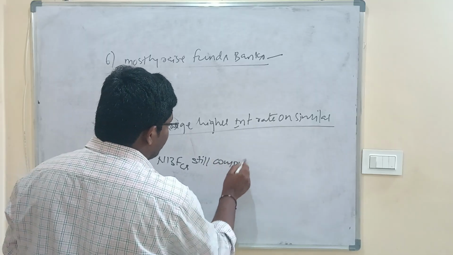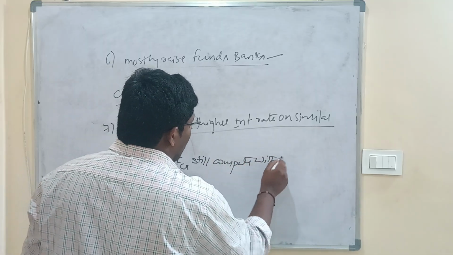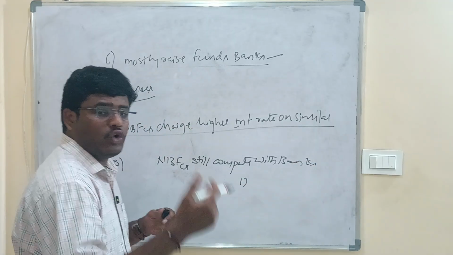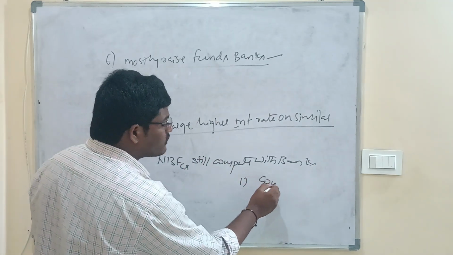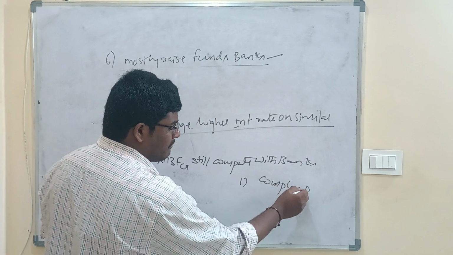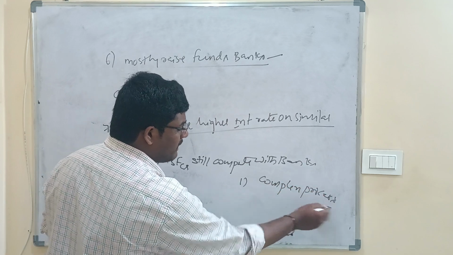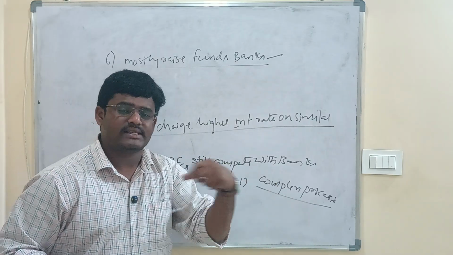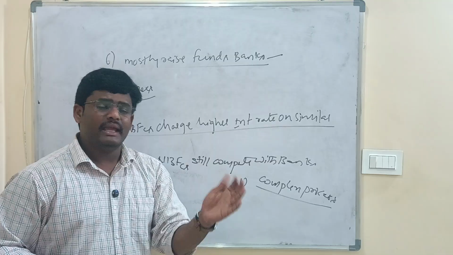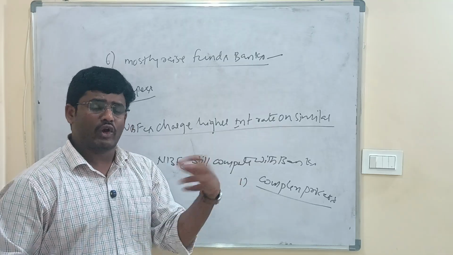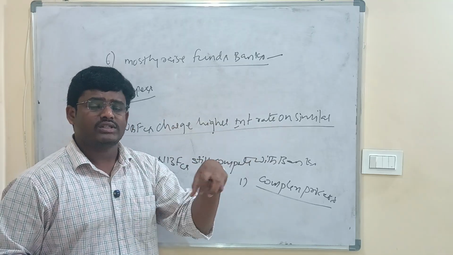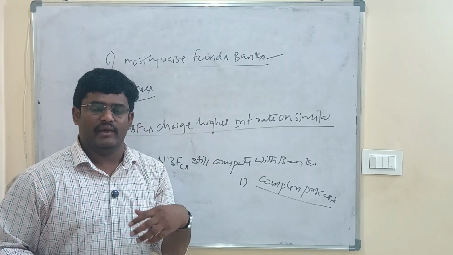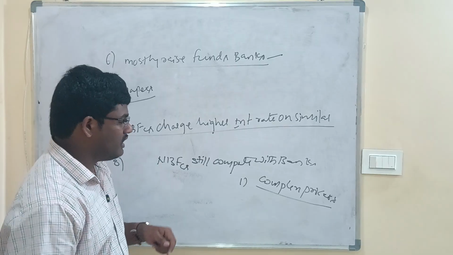When banks provide loans, they have a complex process, with paperwork and the collateral required. But NBFCs offer a simple process, because of which most borrowers from the unorganized sector are attracted towards NBFCs. That is the point we have to keep in mind.